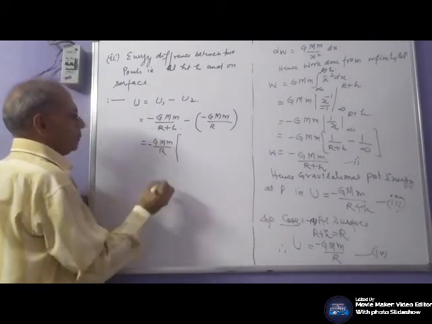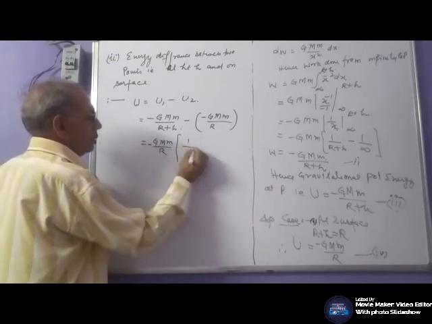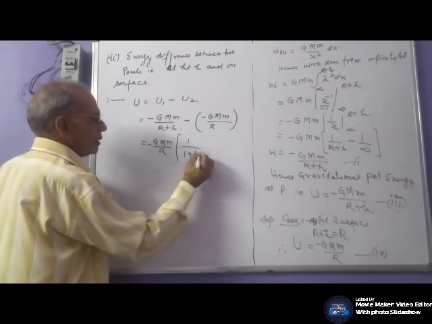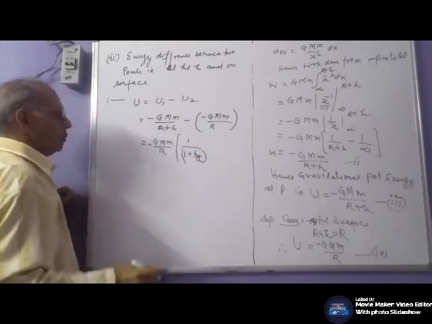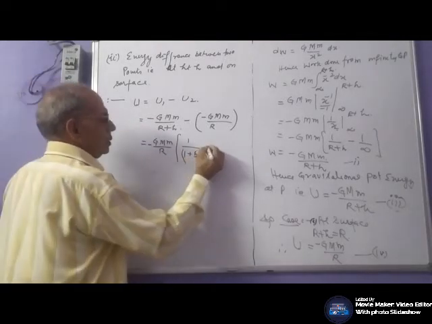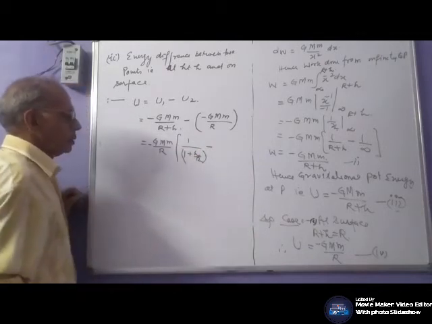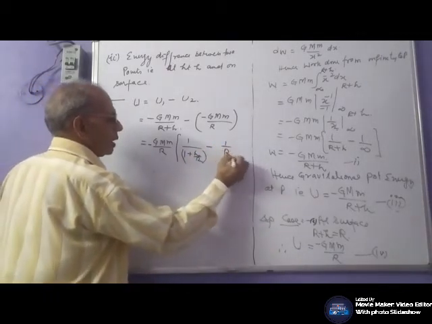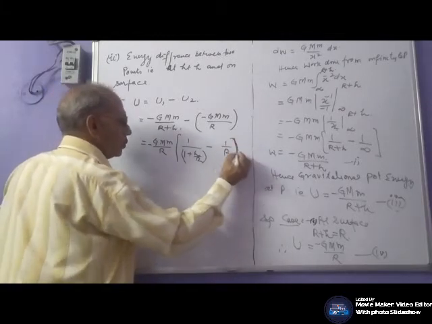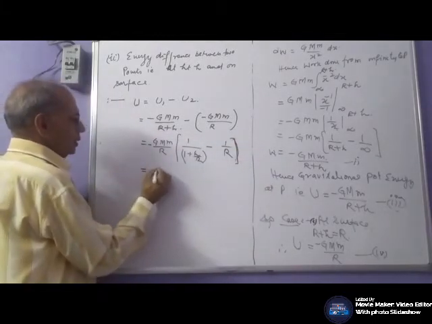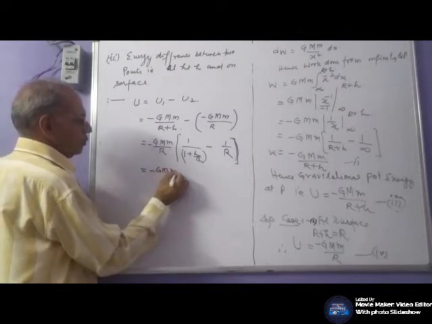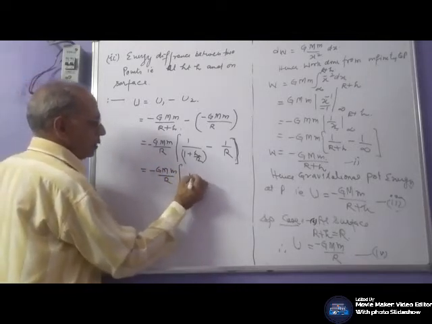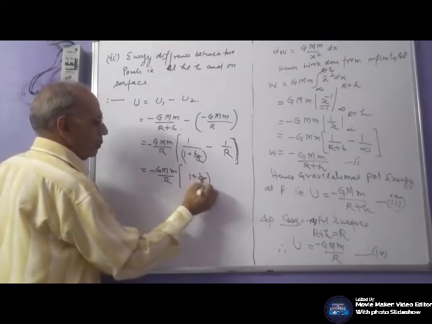Minus is there. 1 by R plus h, minus also common, minus 1 by R. It is GMm by R, 1 plus h by R to the power minus 1.